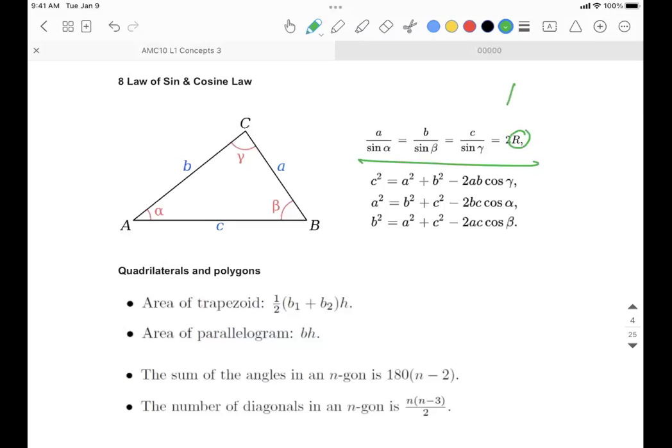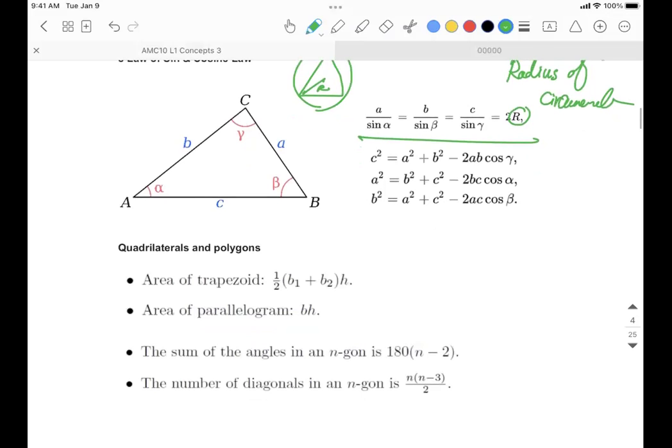R is actually the radius of the circumcircle, right? The radius of the circumcircle is your R. You should already have learned that in your day school or some other summer schools. So this is the sine law.